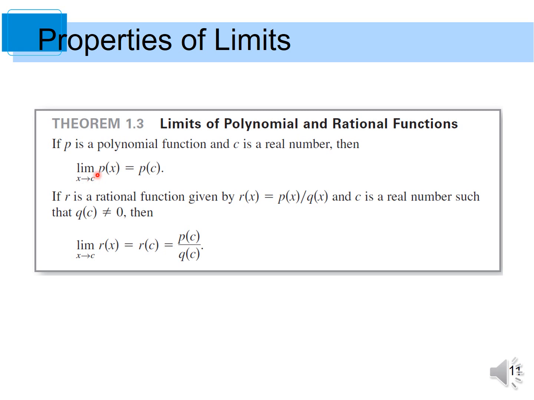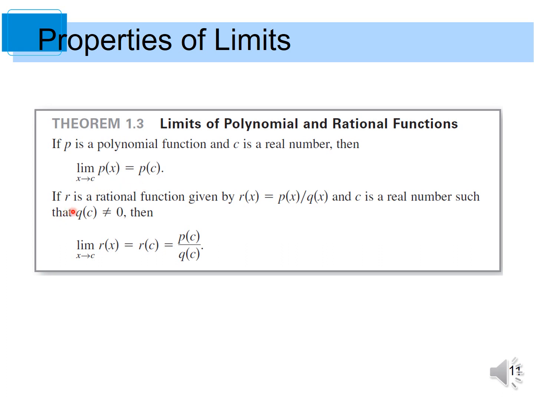For the properties of polynomial and rational functions, if p is a polynomial function and c is a real number, then the limit of p(x) as x tends to c is equal to p(c). Direct substitute the c into x.